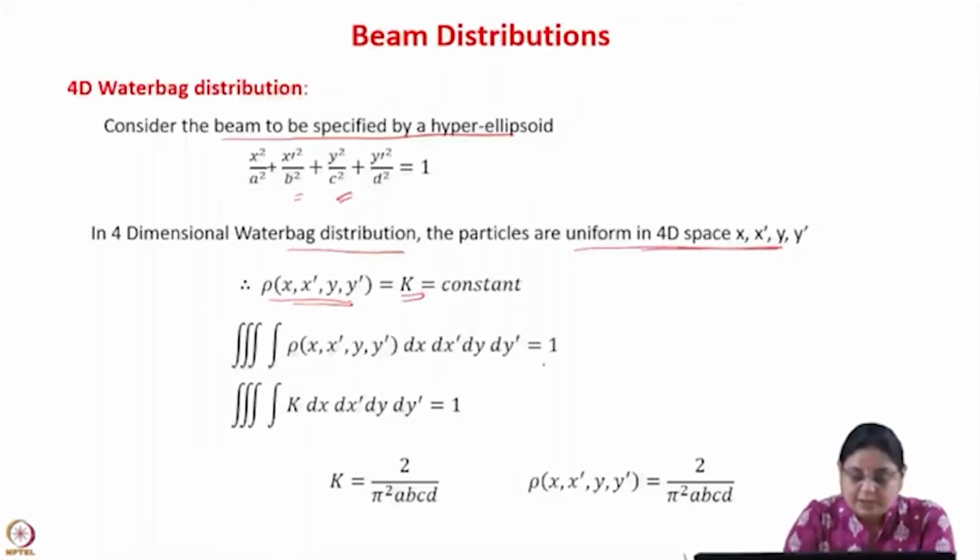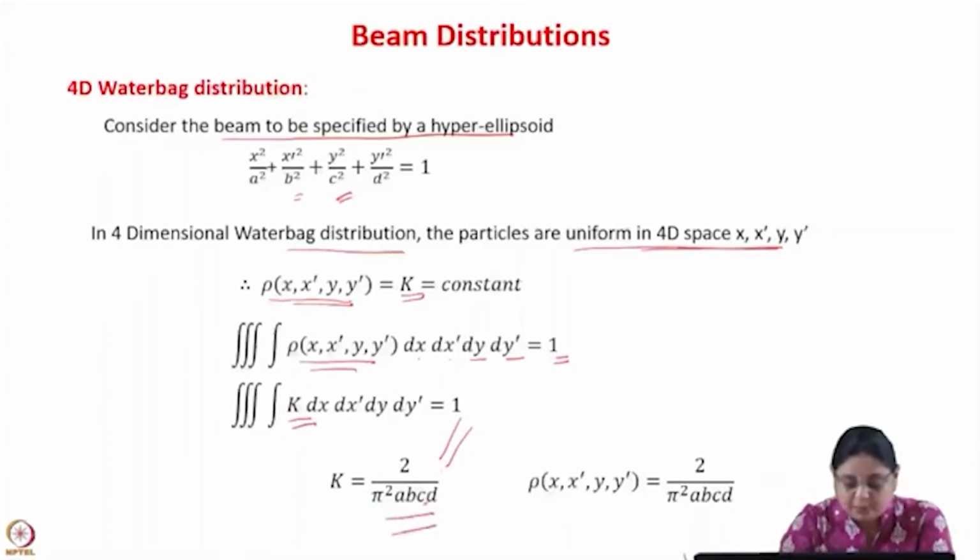Let's normalize this. We take the integral over dx prime dy prime and equate it equal to 1. From here we can calculate the value of k. This comes out to be 2 upon pi square a b c d. So the charge density is equal to 2 upon pi square a b c d. So we see that in the four-dimensional volume it is a constant.